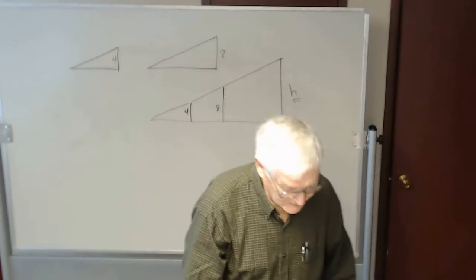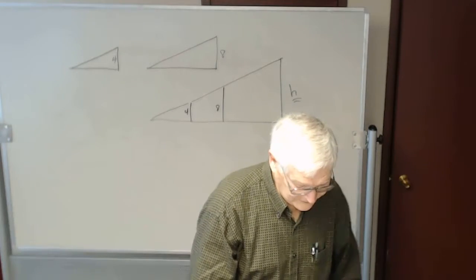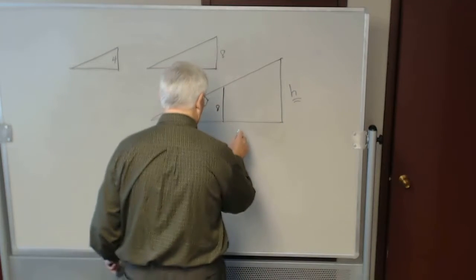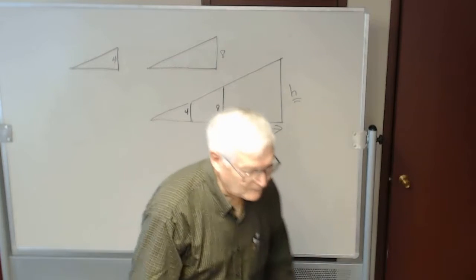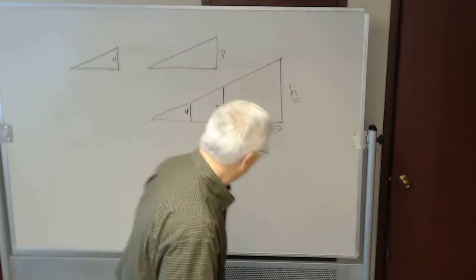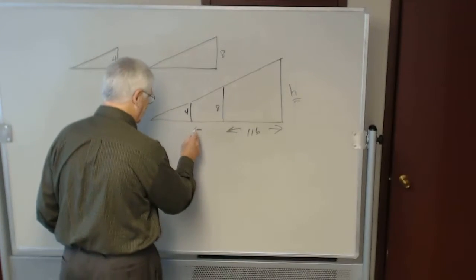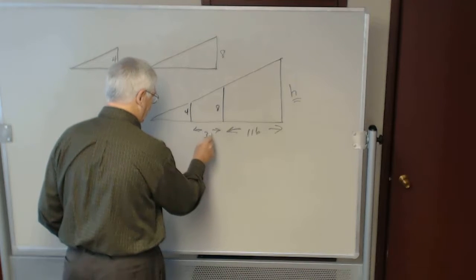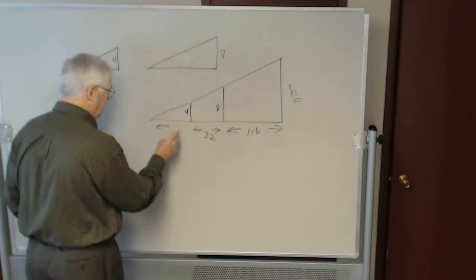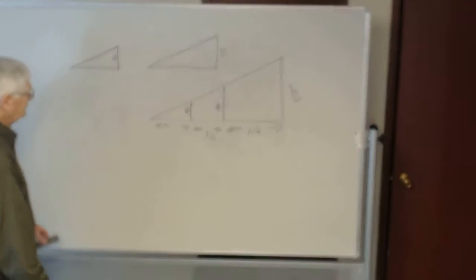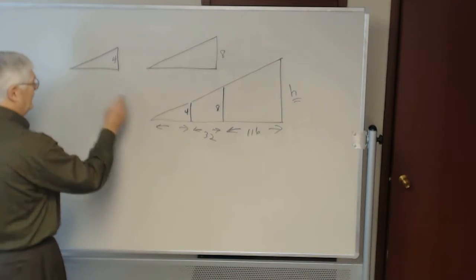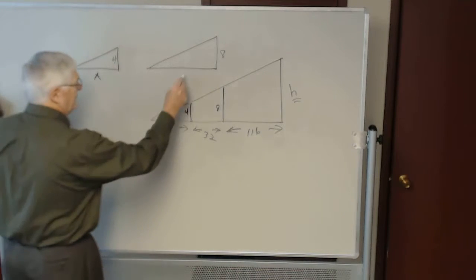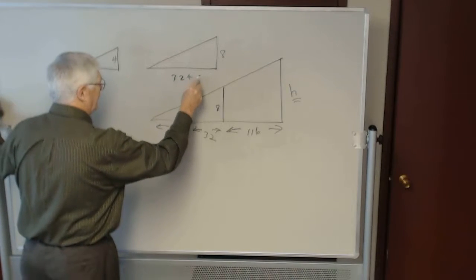And do we know anything about the bottom of this thing? Yeah, it's 116 feet from here to here. And what is it from 4 to 8? 32. So from here to here is 32. What do you think it is from here to here? I don't know. But if we call that x, this would be 32 plus x, right?